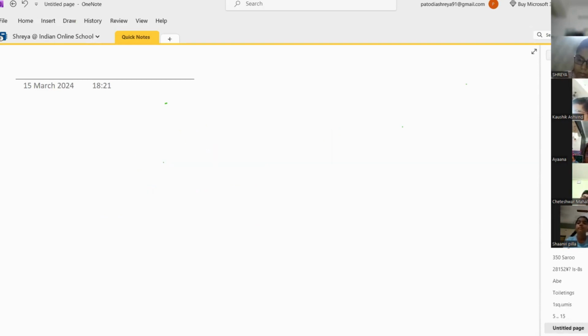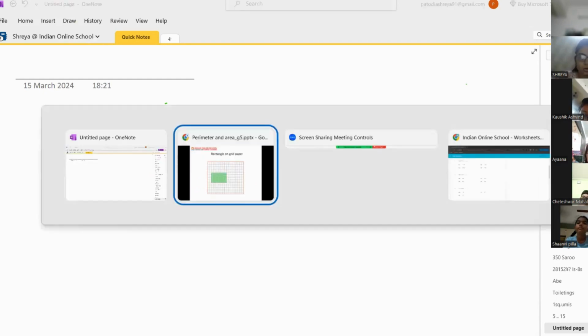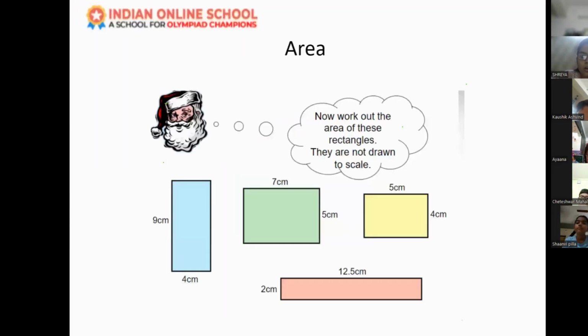Okay. So moving on, without graph paper, how can you do then? Aina, let's start with you only. What would be the area of this one? 7 centimeter multiplied by 5 centimeter. Correct.